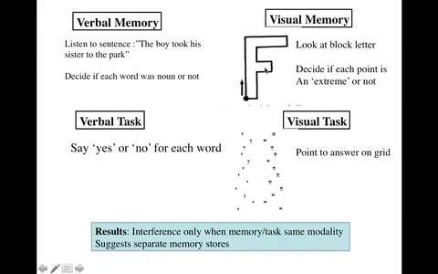So this suggests that there are in fact perhaps different stores for visual and auditory memory, because those retain the characteristics of the original sensory modality. So when you're doing a visual memory task, you're really engaging your visual system to some extent, and so if you then have to do a different visual task like this one, that can interfere. But if you have to do an auditory task, it doesn't.